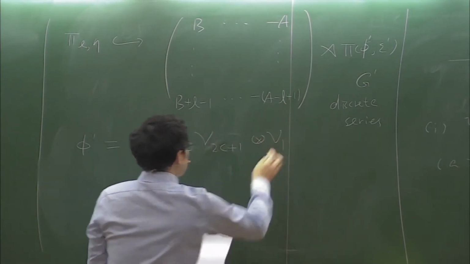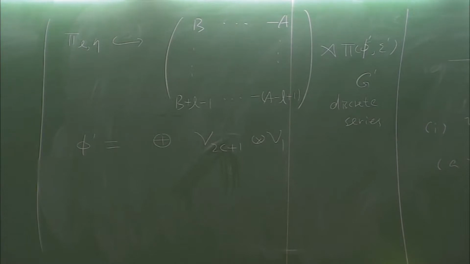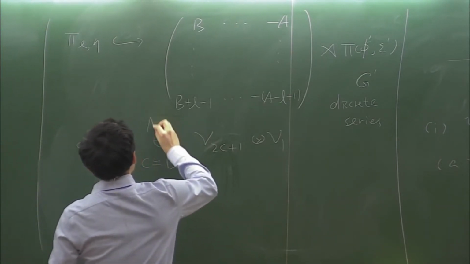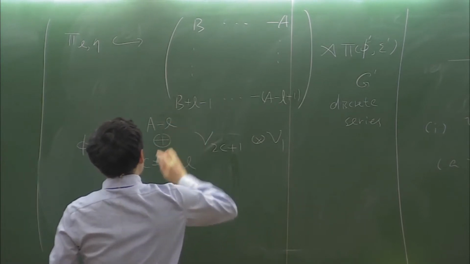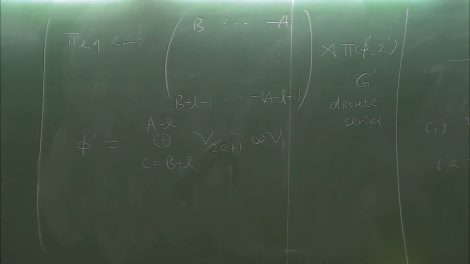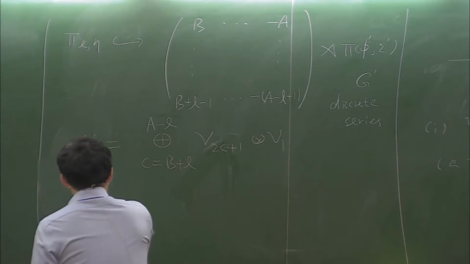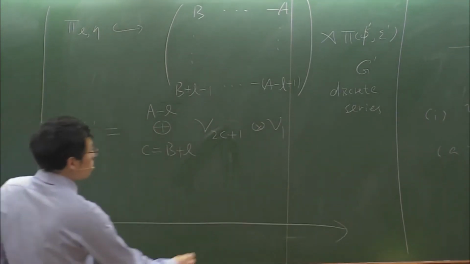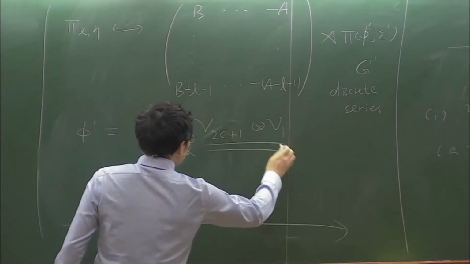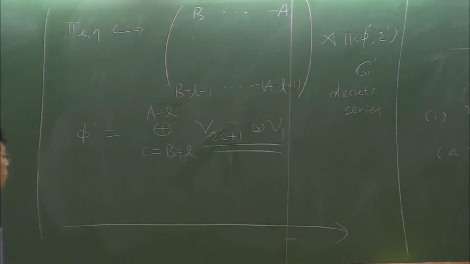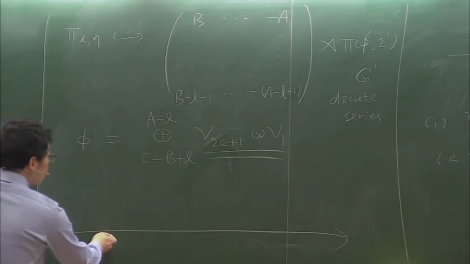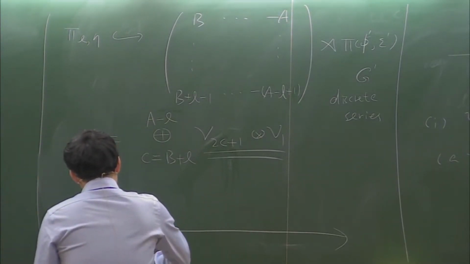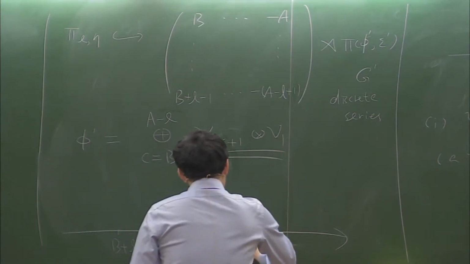Remember that the second SL2(C) is acting trivially. So C goes from B minus L to B plus L to A minus L. And again, you can picture this parameter in the real line. Now all these components have the second SL2 trivial, so they will just be points. There are no intervals. And the points go from B plus L to A minus L.